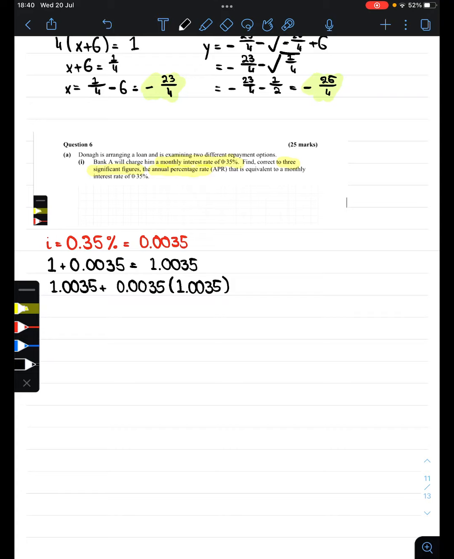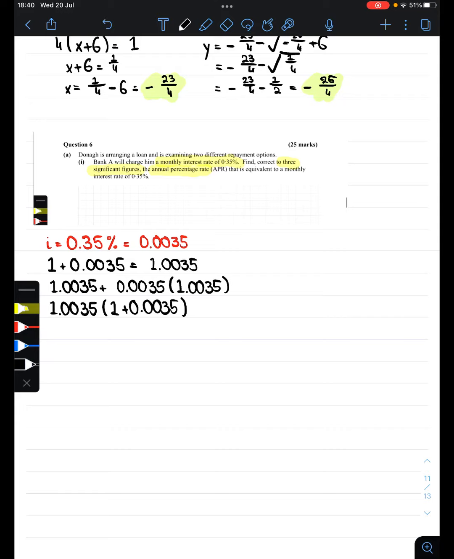We can group these terms and this will give us the common factor 1.0035 by 1 plus 0.0035. Well, we actually know what this second term is. It's again 1.0035. So it's the equivalent of just multiplying the current amount by 1.0035.